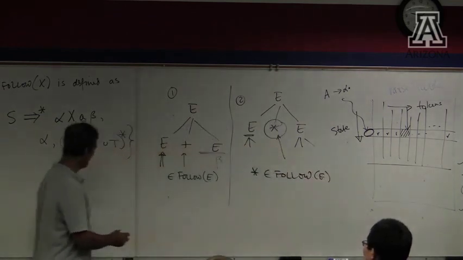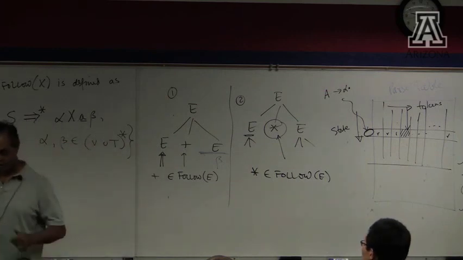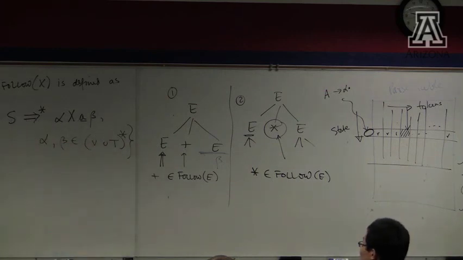So this is actually good because now we've just figured out that I have two different tokens in the follow of E. Different derivations get me two different tokens. So we have something of an intuition about what follow of E entails.